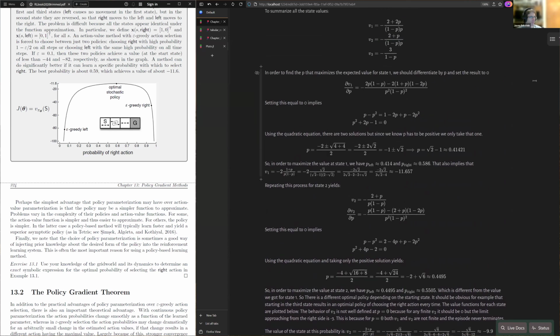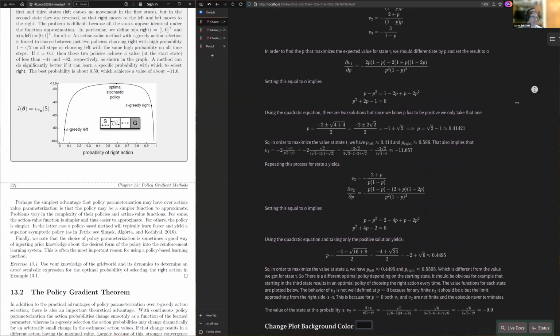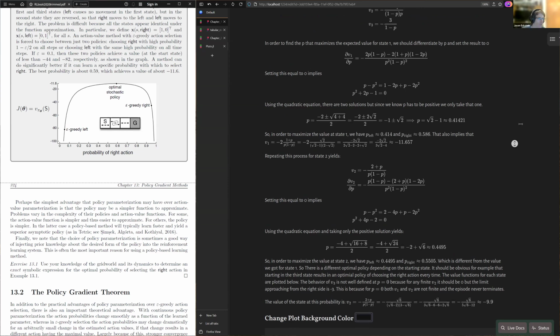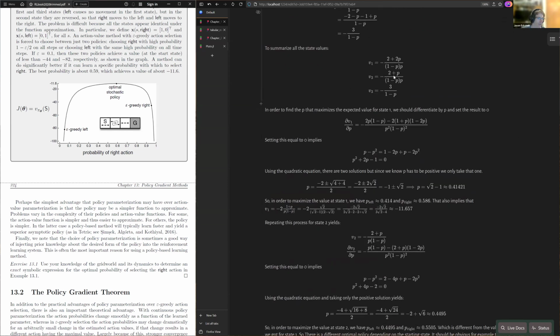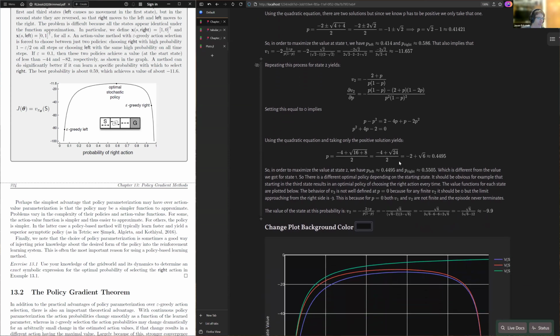Now, the exercise doesn't ask you to do this, but you can also repeat this process for state 2. We just end up differentiating the expression for state 2. And if we do that and solve the quadratic equation, we end up getting P left is a slightly higher value of around 0.45.